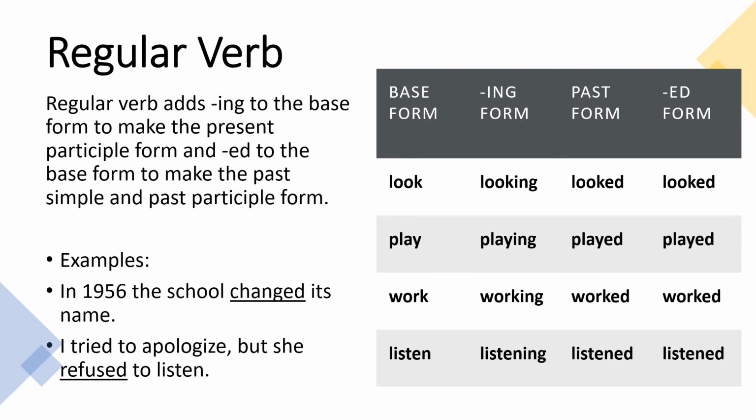Look at this table, which will explain the base form, ing form, past form, and ed form of the verb. For example, look, looking, looked, looked, play, playing, played, played, work, working, worked, worked, listen, listening, listened, listened.